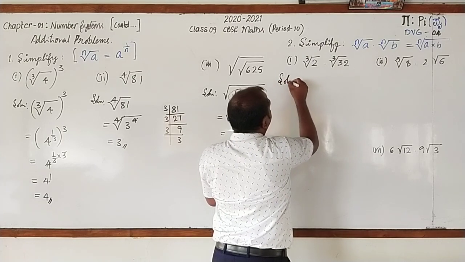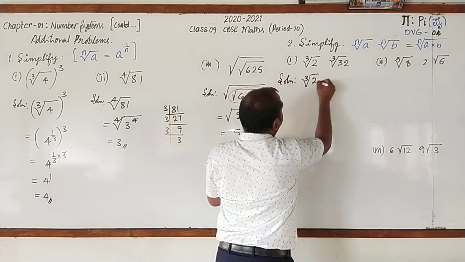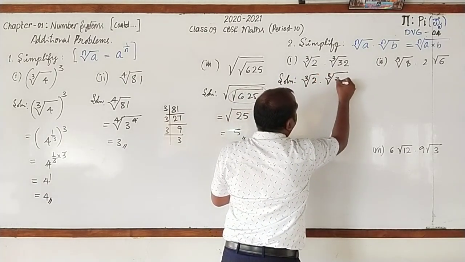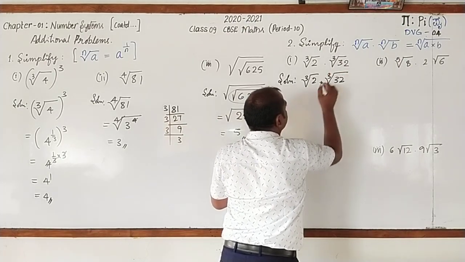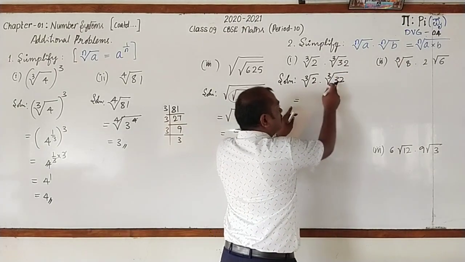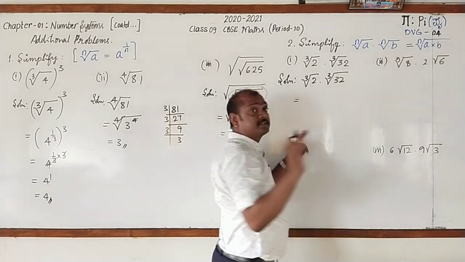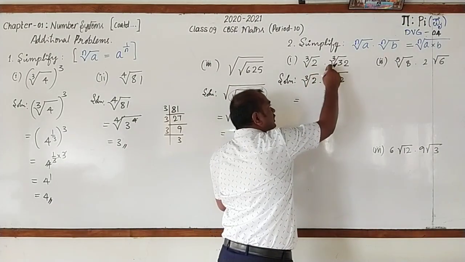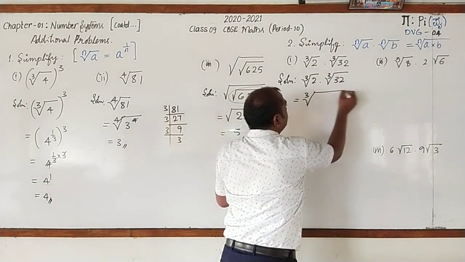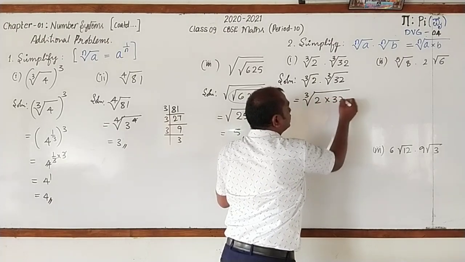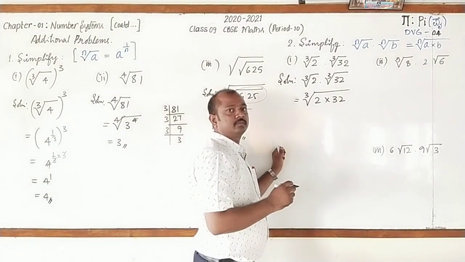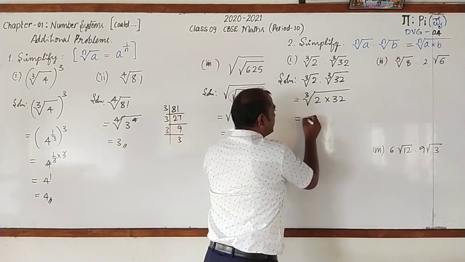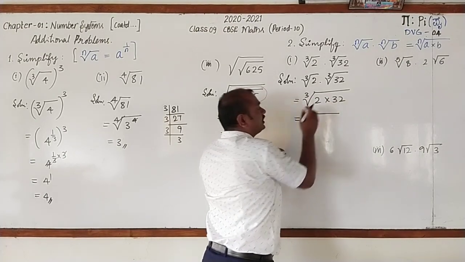Here, cube root of 2 into cube root of 32 is there. Observe it. Here two surds are there, and their orders are the same. Here is 3, here is 3. Hence you can write cube root of 2 into 32. Now it is equal to cube root of, what is 32 2s are?